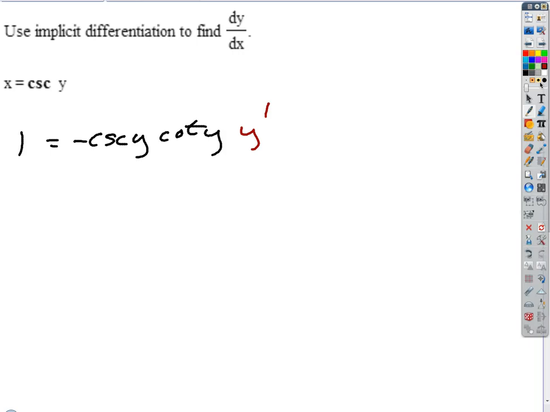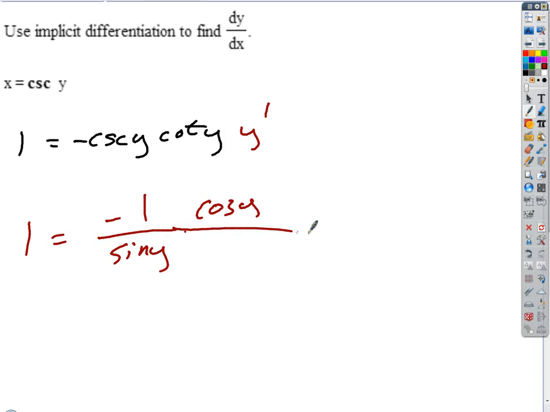What is cosecant? Cosecant is the reciprocal of sine. So we end up with 1 equals negative 1 over sine y times cosine y, and this just becomes a sine squared.